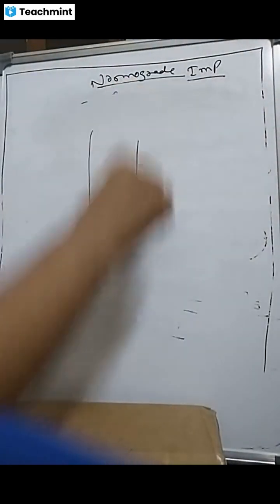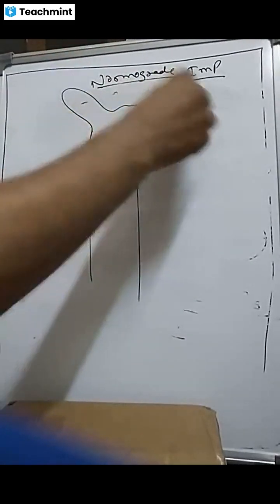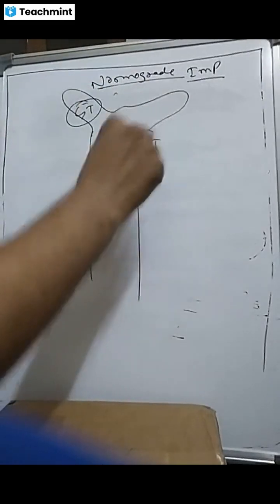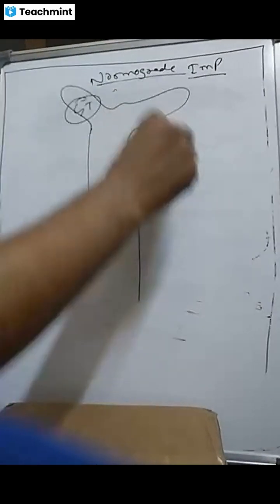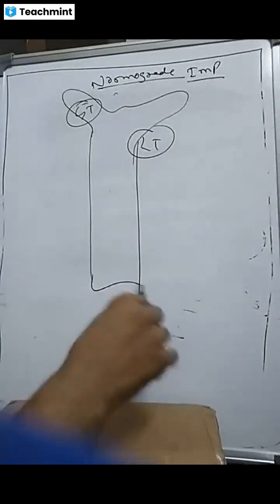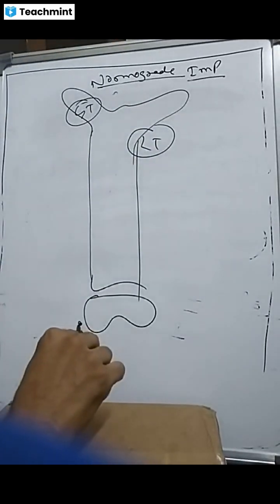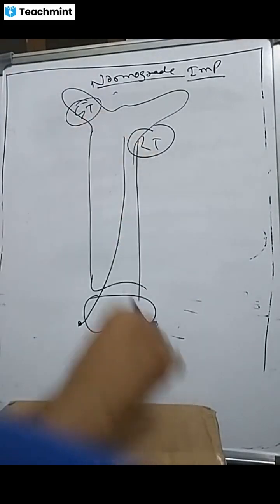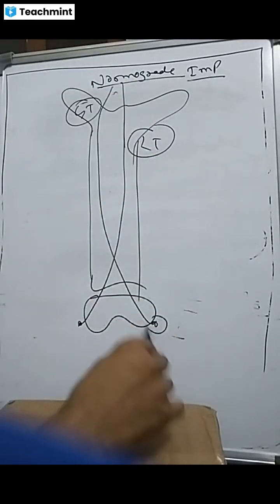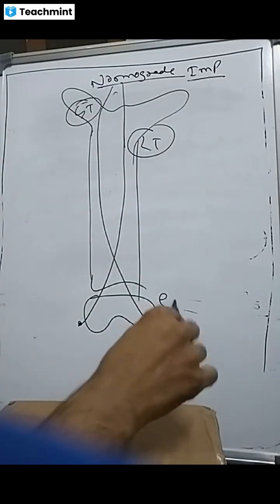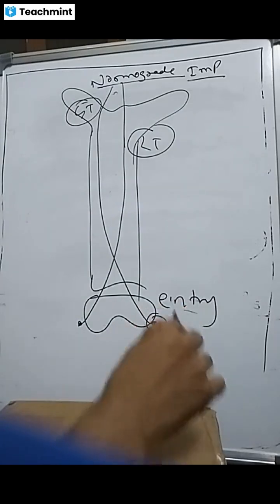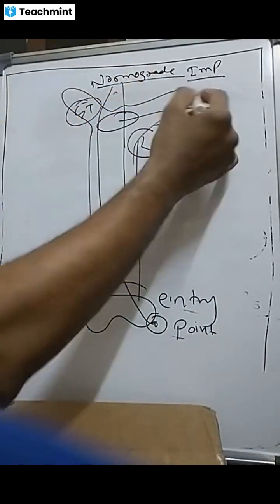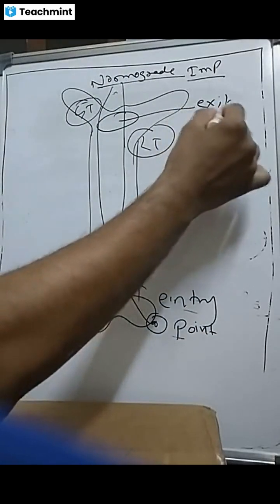So this is your femur, and this is the greater trochanter, lesser trochanter. You have entered like this. So the entry point, and this is your exit.